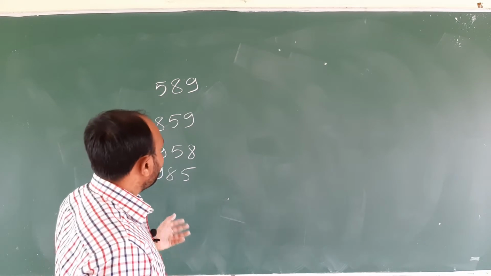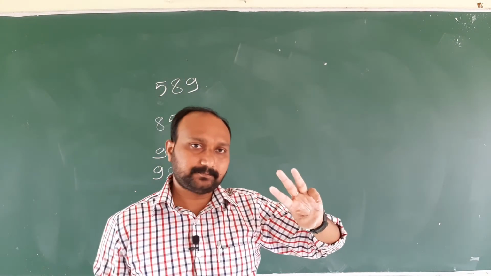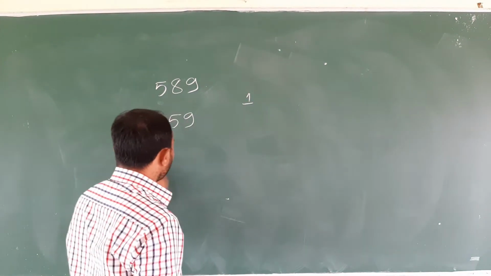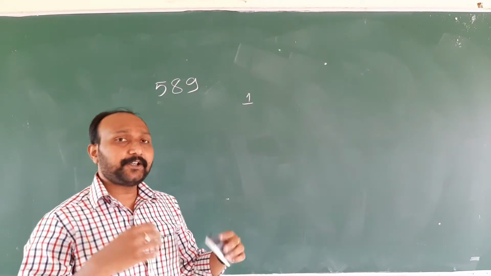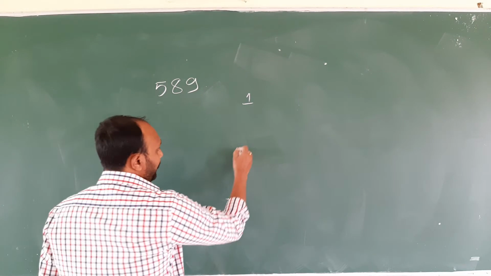That's why the effective value of a number is determined by 3 factors. There are 3 important factors which determine the effective value of a particular number. What are those 3 important factors?